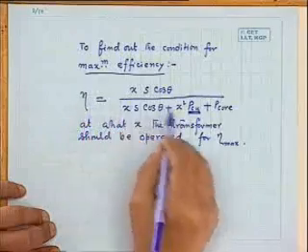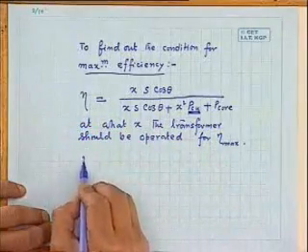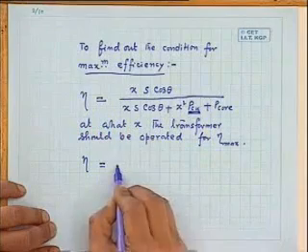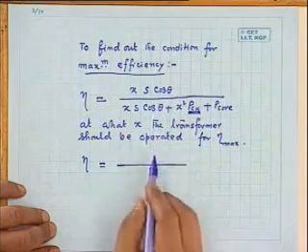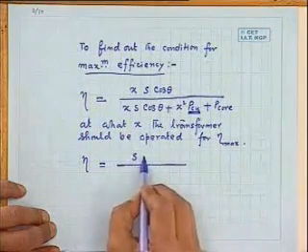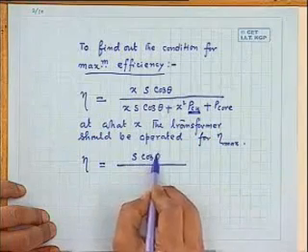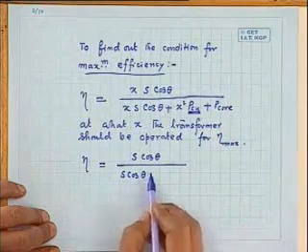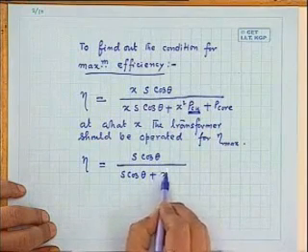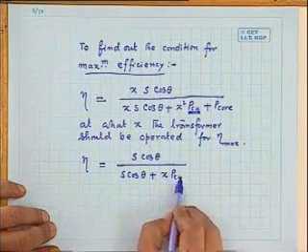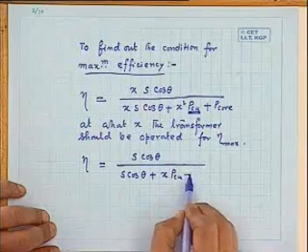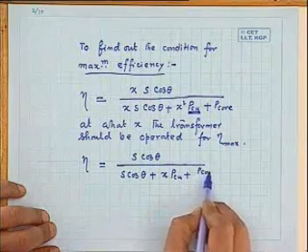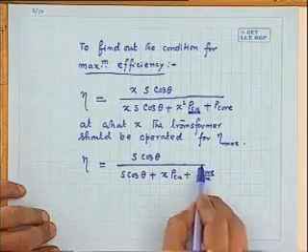However, before you start differentiating it, you just arrange it in this way. You divide the numerator and denominator by x so that the steps will become easier. So this will become x PCU plus P core by x.